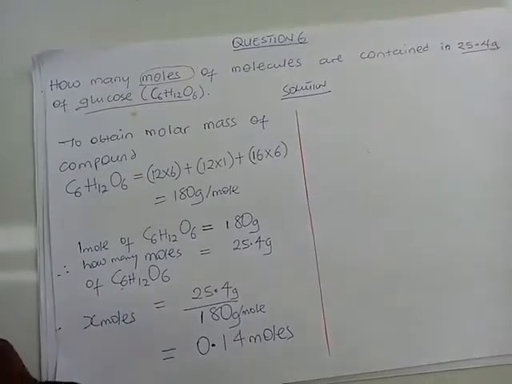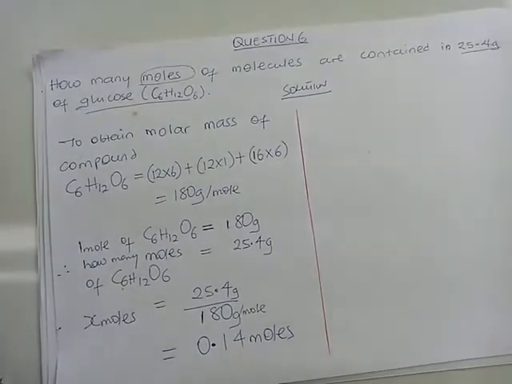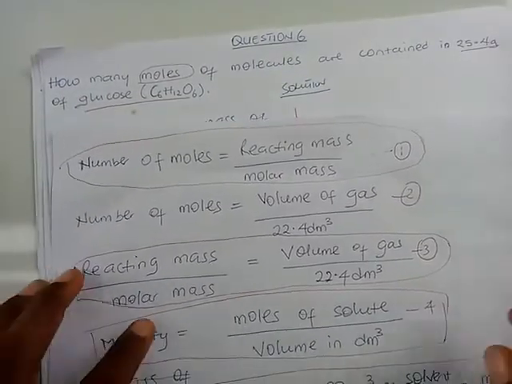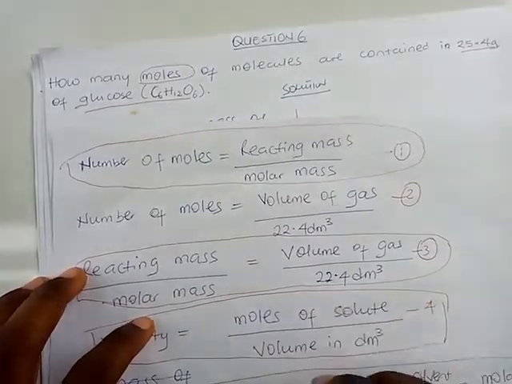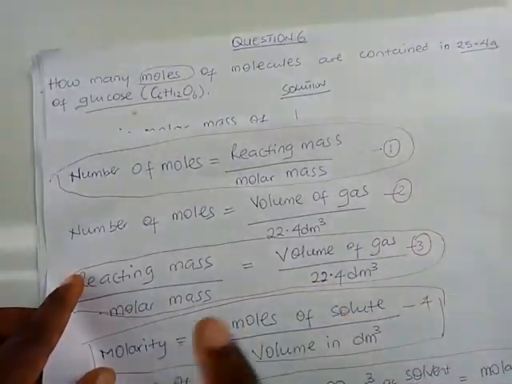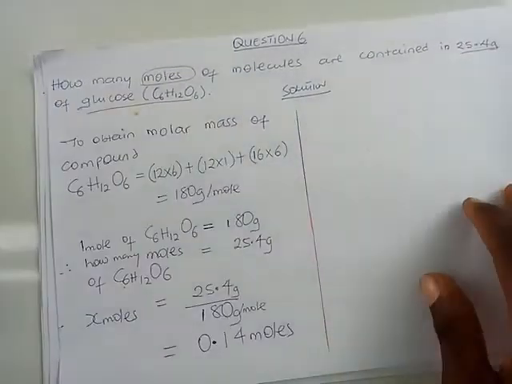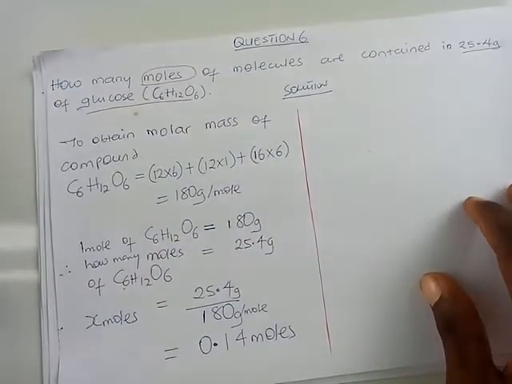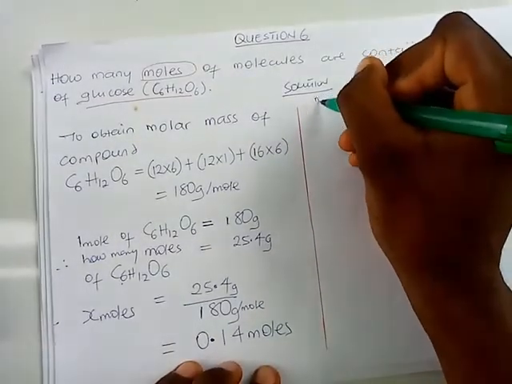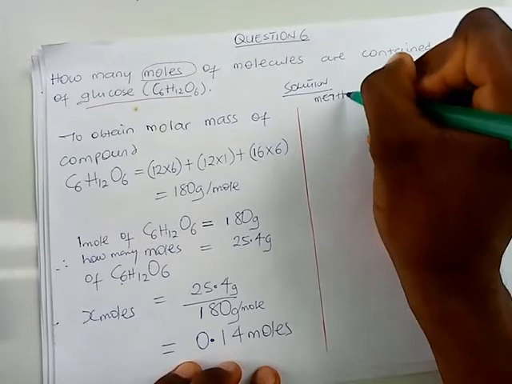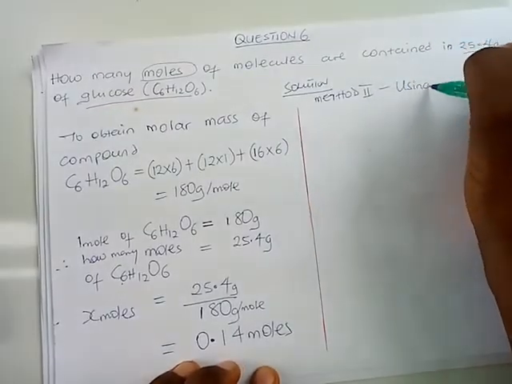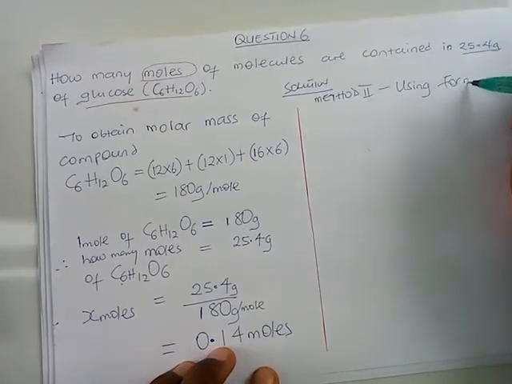Now, if you want to use one of those formulas I gave to you, if you can still recall, formula 1, it says number of moles is equal to reacting mass all over molar mass. If I want to use that, I will come to this point and say that we can term this method 2, or using formula.